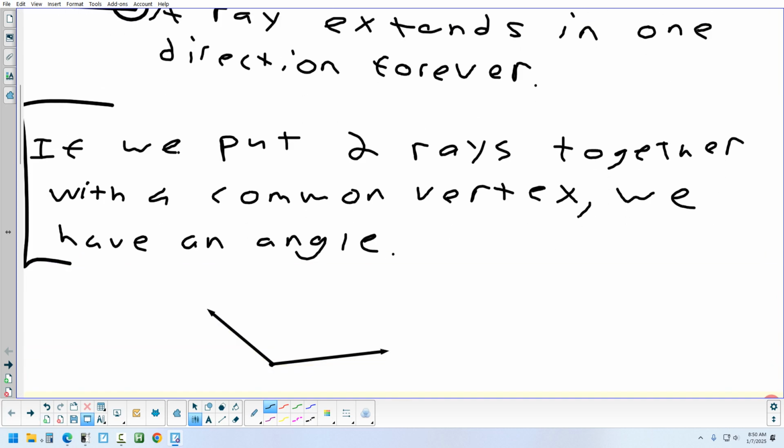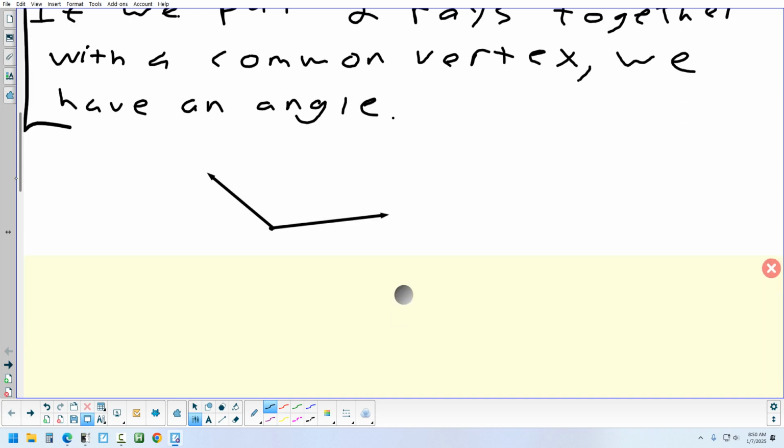Okay, and there's another picture of an angle. Each of these rays has a name, which I'm going to go over in a minute. But any question on the definition of an angle? Two rays with a common starting point. That's pretty much it. Okay.